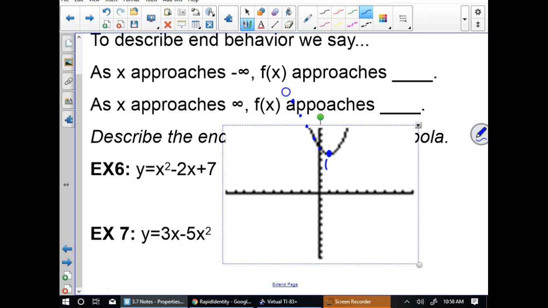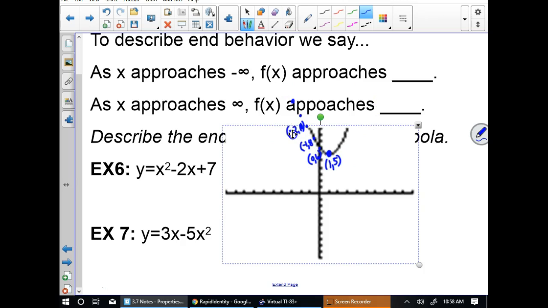So like here might be 1, 5, and here you might get 0, 6, and here you might have negative 1, 8. Here you might have negative 2, 10, something. I'm not sure if those are exactly right. They're probably not, but that's the pattern that you see, right?